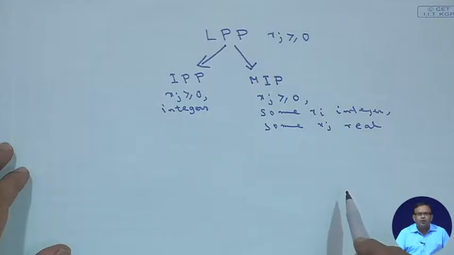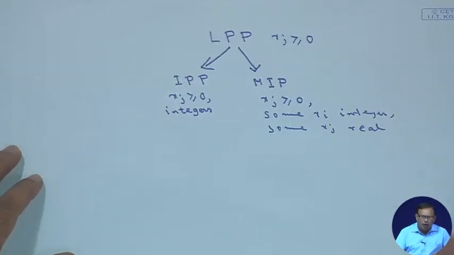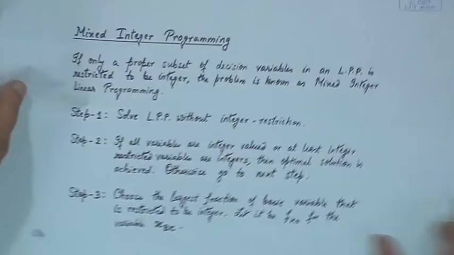We have seen how to find the solution. In the mixed integer programming problem, the decision variables x j will be greater than or equal to 0, but some x j may be integer, some x j may be real.